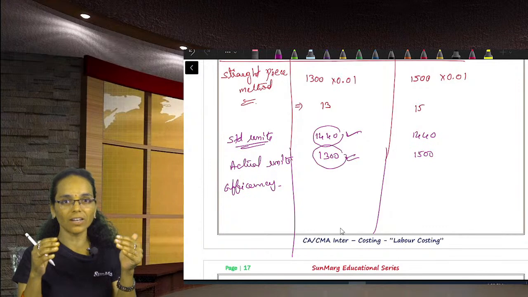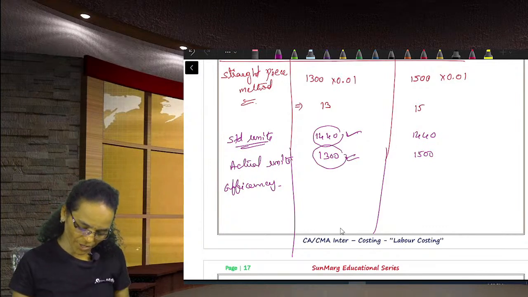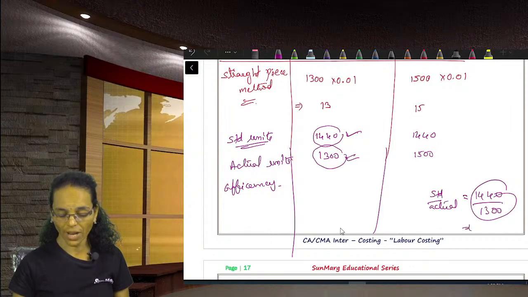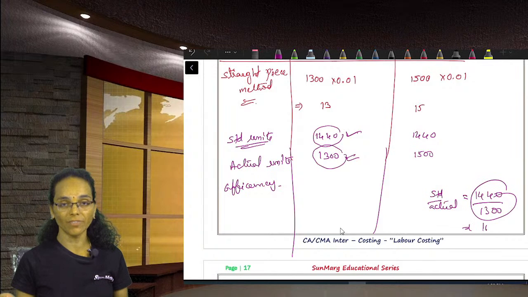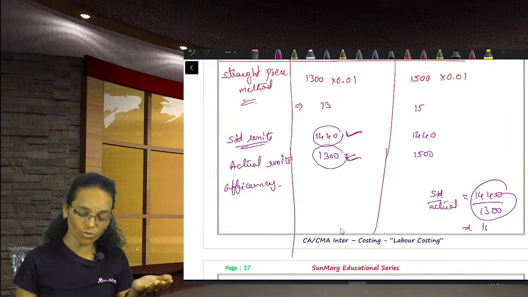Is our efficiency more than 100% or less than 100%? If you write standard divided by actual, 1440 divided by 1300, obviously it gives more than 100%. But that is not our efficiency. They asked us to produce 1440 units, but we produced only 1300.